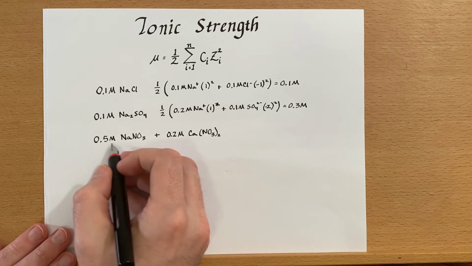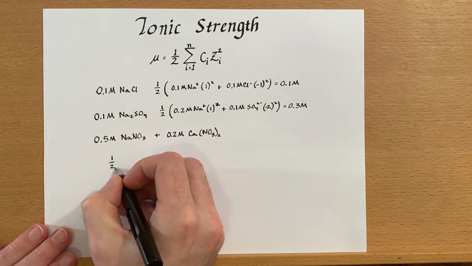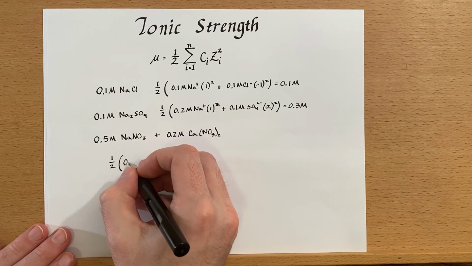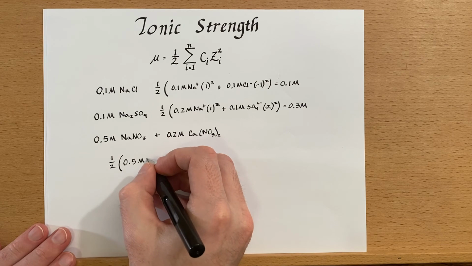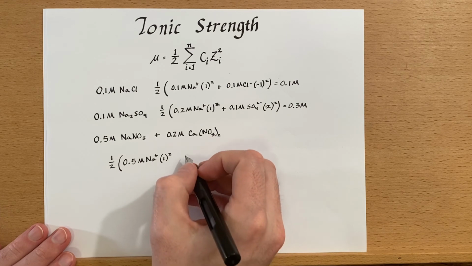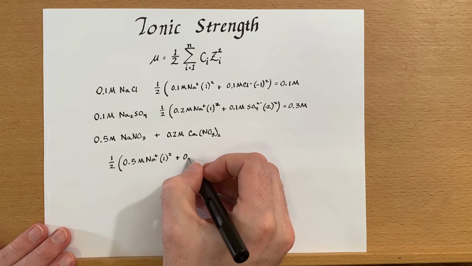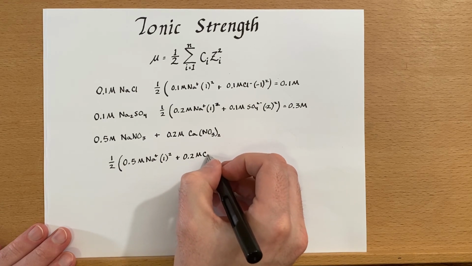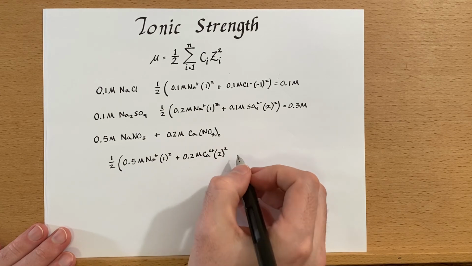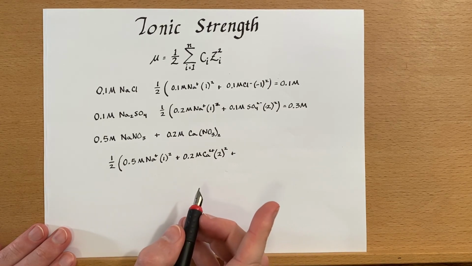So we'll just go ahead and start with the positive ions first. So we'll have a 1/2 times my concentration of sodium, which is 0.5 molar, times its charge squared, plus the concentration for calcium, times its charge squared. And then we need to add in the concentration of nitrate.